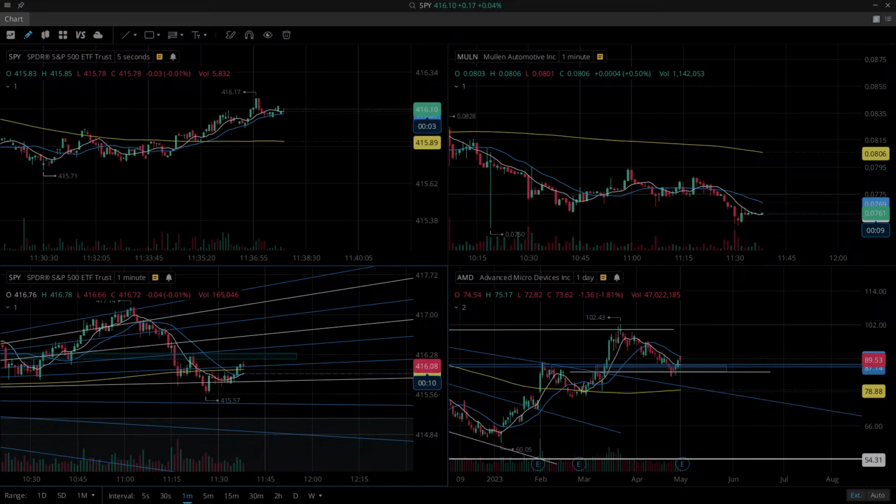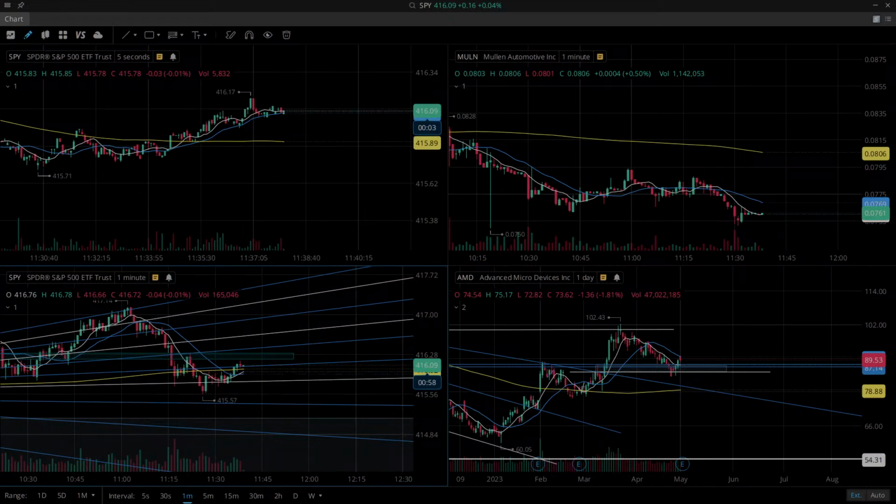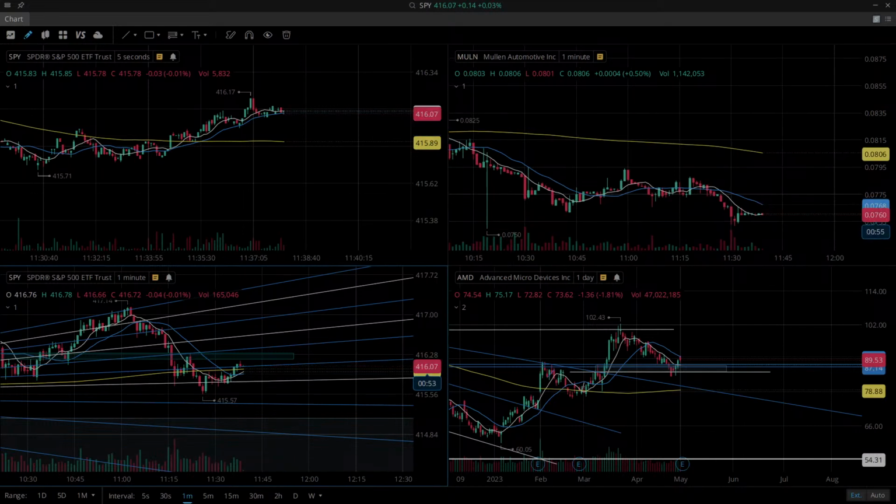This might just accumulate here. And if we don't get a tweezer here, this will come back and test support 41.8950. Yep, there it goes.